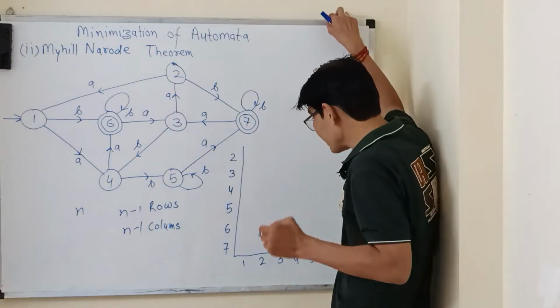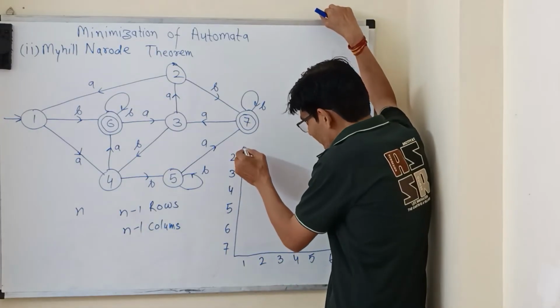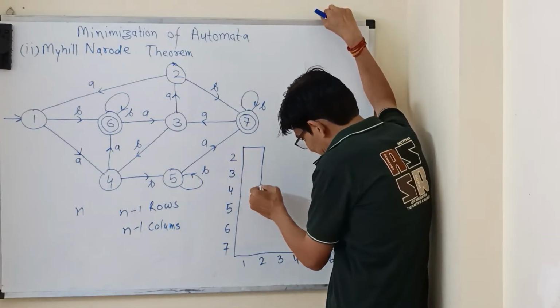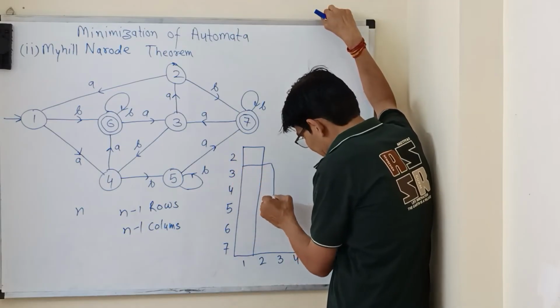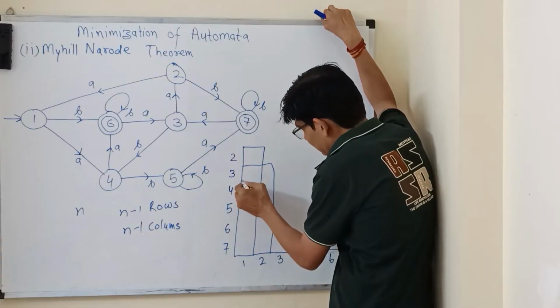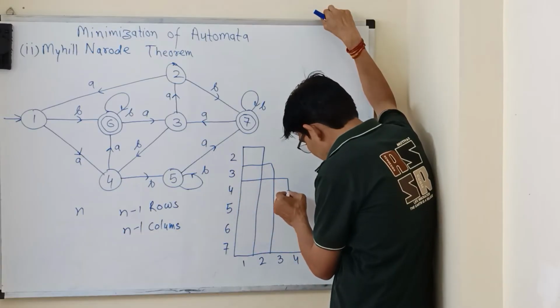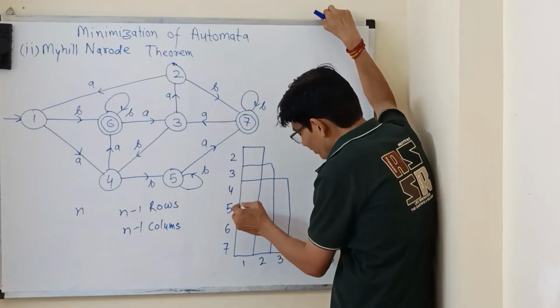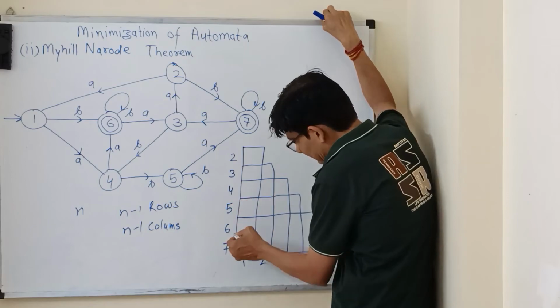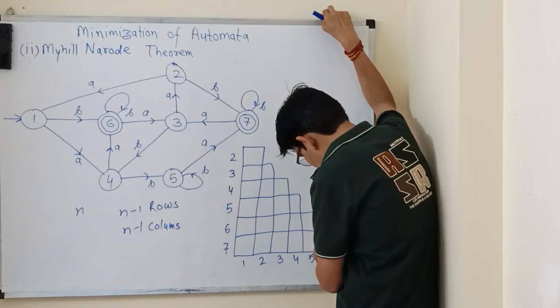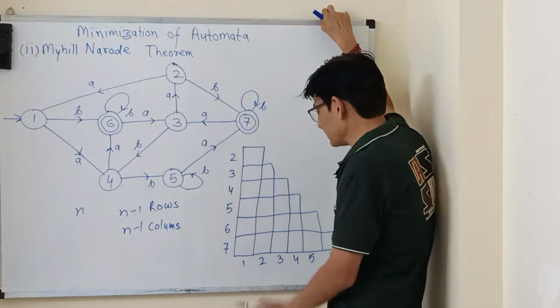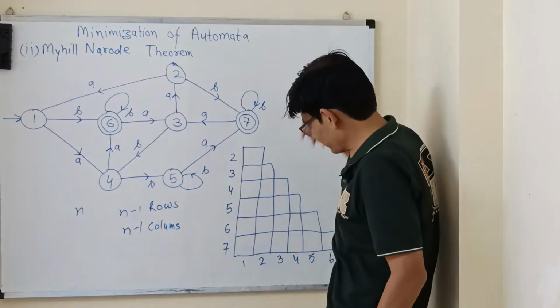Now we can create this table like this, then like this, then like this. So this table would be of triangular shape. This is the table we have created.